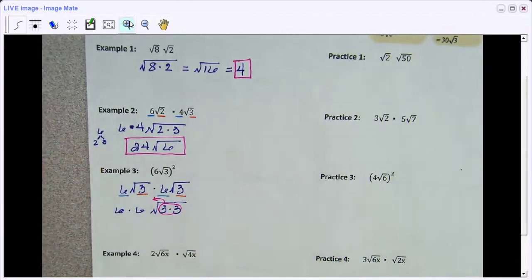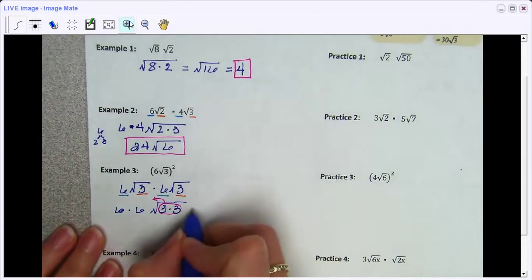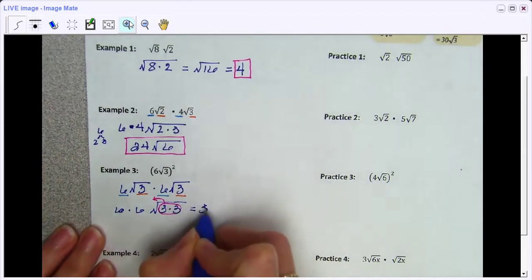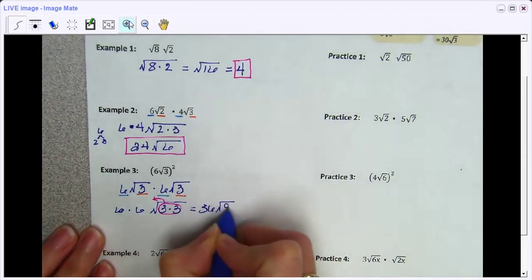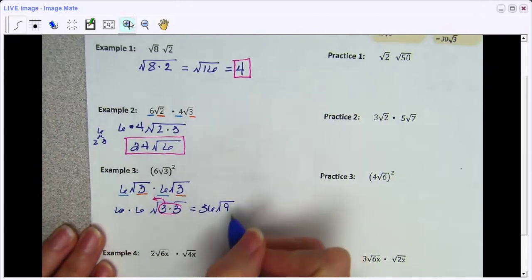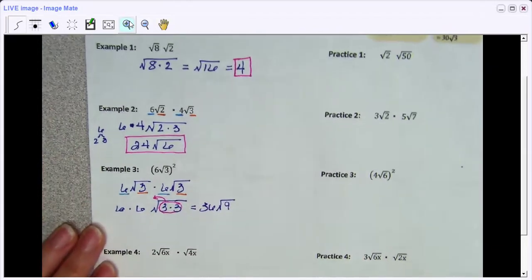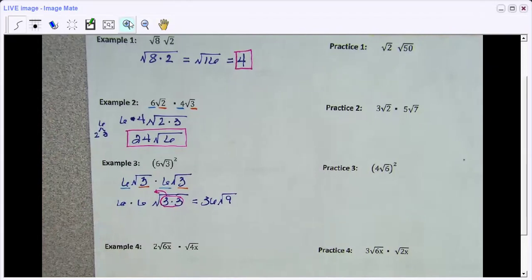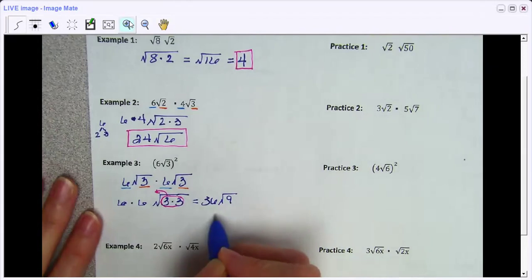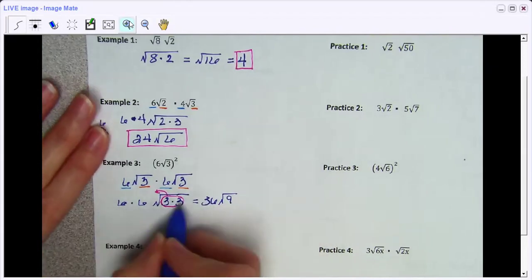Now, if you wanted, you could say, okay, 6 times 6 is 36 times the square root of 9, and then the square root of 9 is 3. So 36 times 3 is 108. But I'm going to do it this way.